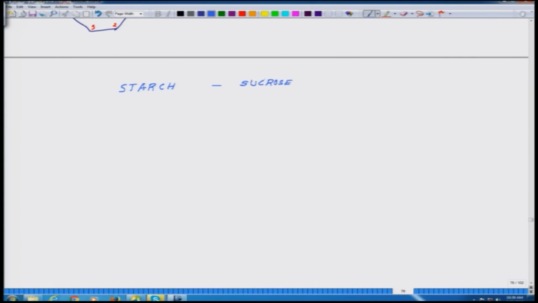Now if we talk about the starch, starch is similar to glycogen. You can call this a polymer of glucose.